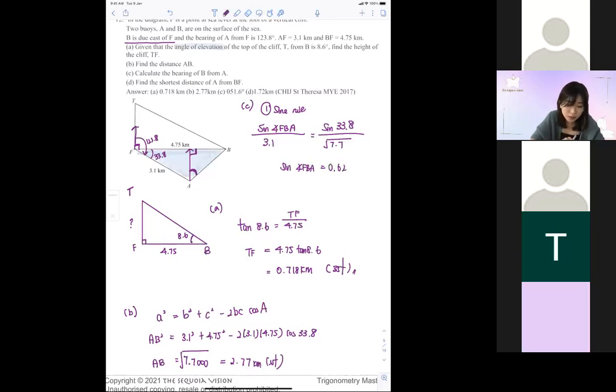That is 0.62. So sine inverse of the answer gives 38.4237. I give more decimals because that's not my final answer. Now I find this angle: 180 minus these two, you get this one.